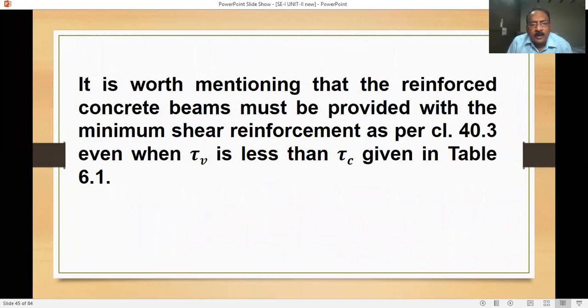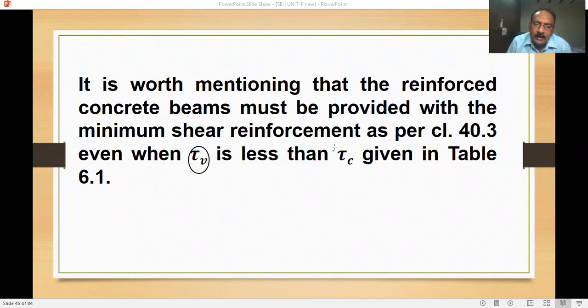We have to provide minimum shear reinforcement as per clause 40.3 if tau_v is less than tau_c. Here, it is worth mentioning that reinforced concrete beams must be provided with minimum reinforcement. What is tau_v? V_u by b d, shear force by b d.